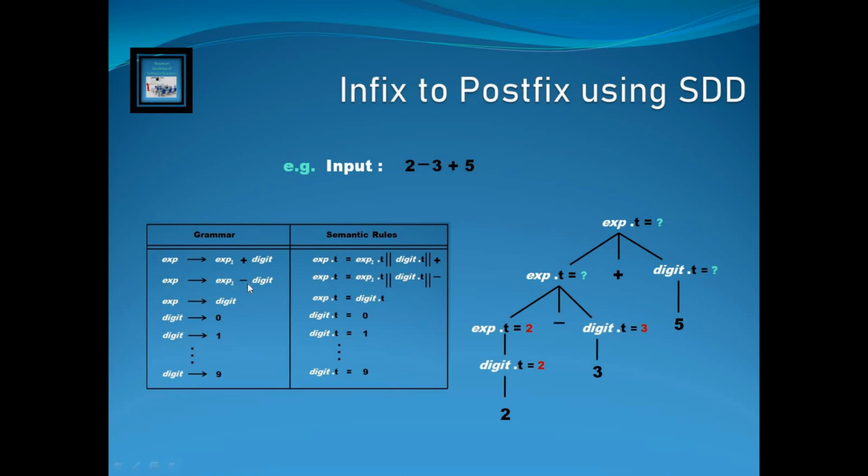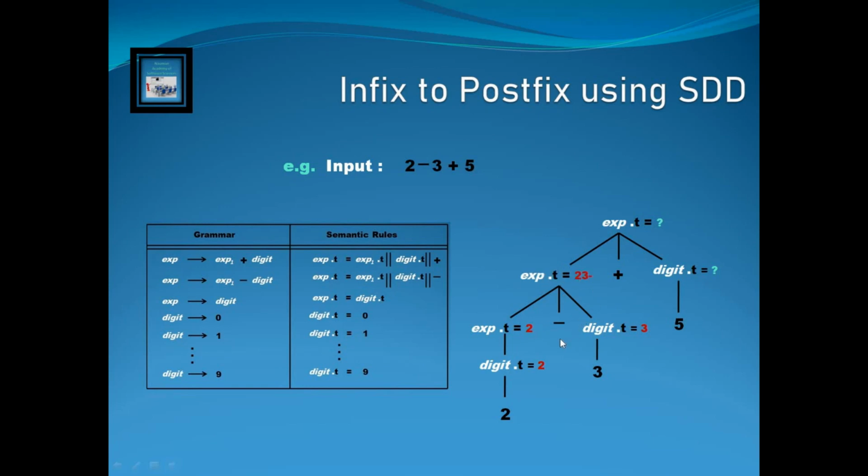The semantic rules say that this main expression's postfix form will be equal to the sub expression's postfix form, meaning 2, then the digit's postfix form, meaning 3, and then the minus will come. So this expression's postfix form will be equal to 2 3 minus.